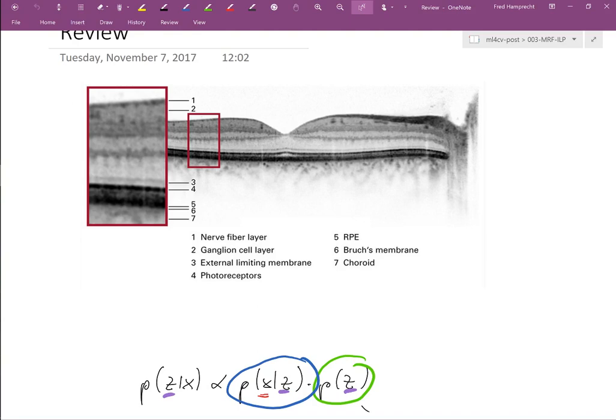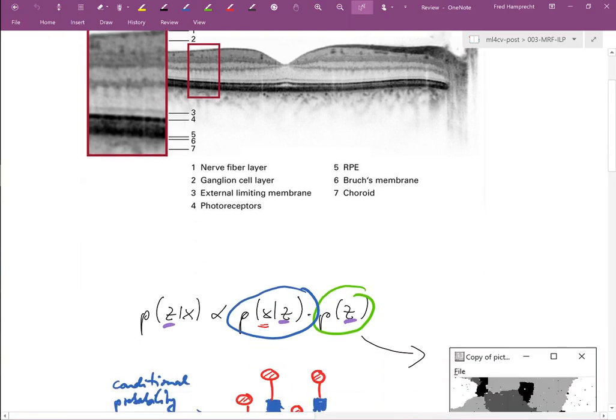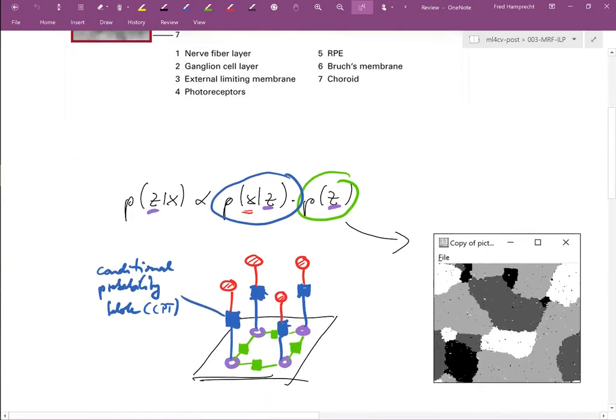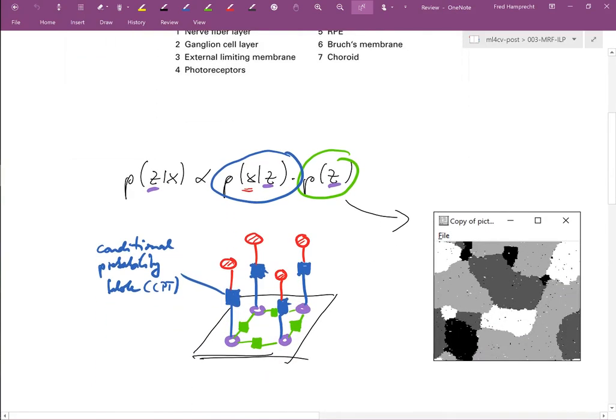And then we want to inject prior knowledge, for example, here which class can be adjacent to which other. This prior knowledge we can code in terms of a prior, which I circled here in green. And we have also been sampling from this prior in the lecture, and this is also what you've been doing in the exercise.